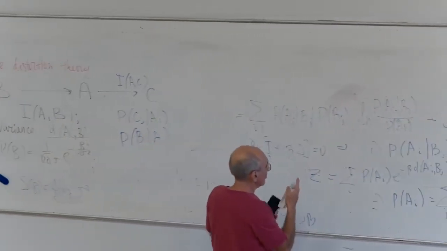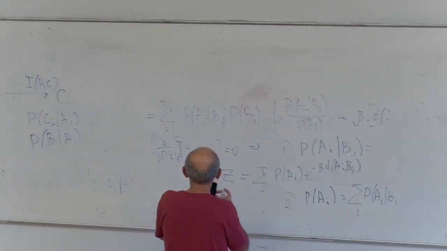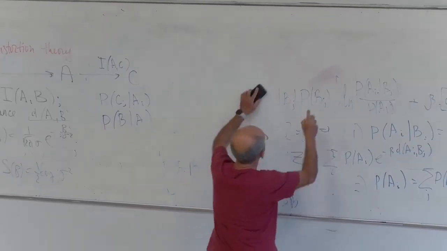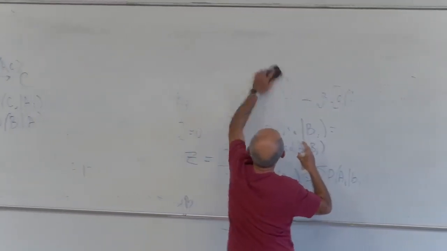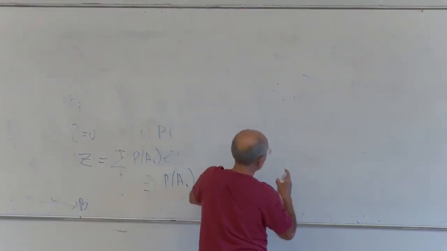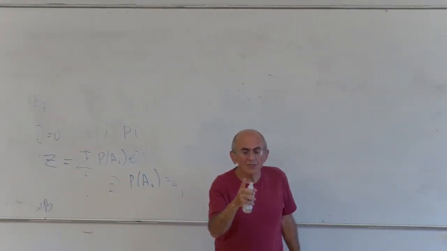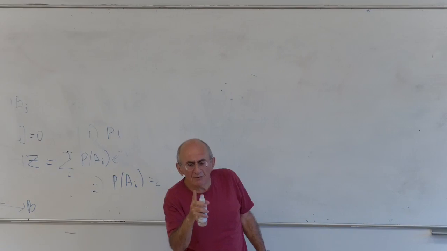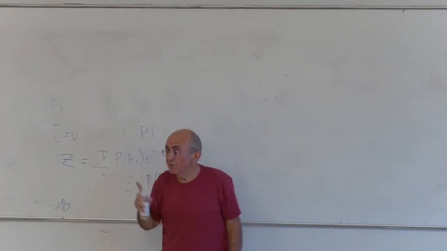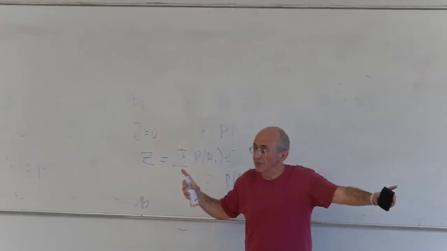Okay? And what quantity would characterize it? Information in C. Who says it? Mutual information between B and C. Yes, mutual information between C and B. Okay?